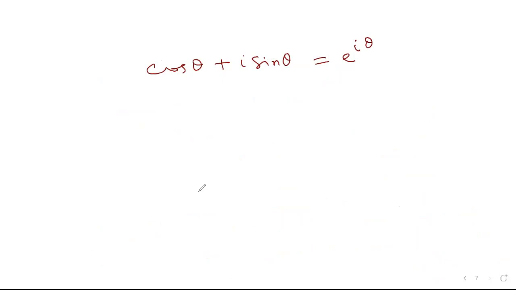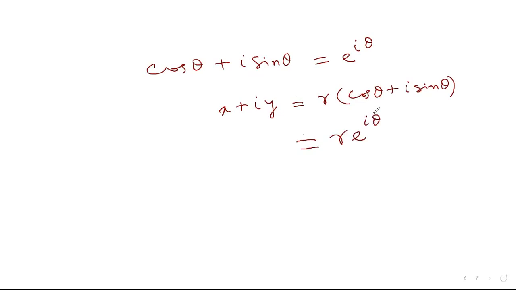So a convenient way to write the polar form of a complex number is, you can write x plus iota y equal to r times cos theta plus iota sin theta, which can be written as r e raised to the power iota theta.